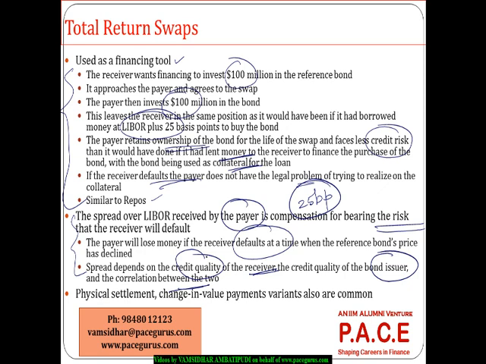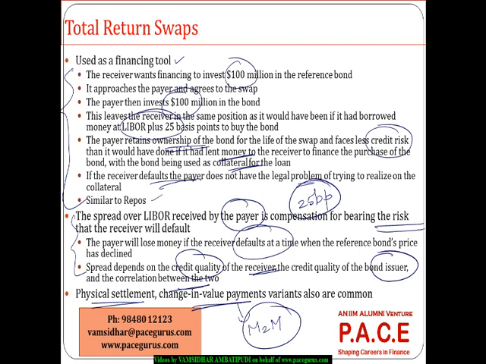And apart from the delivery of the bond and physical delivery of the bond and getting the face value of it, we have different variants in a total return swap. Apart from just the cash settlement, we can even talk about a physical settlement where the bond is actually delivered. Or there could be a mark to market value settlement rather than the whole settlement happening at the end.